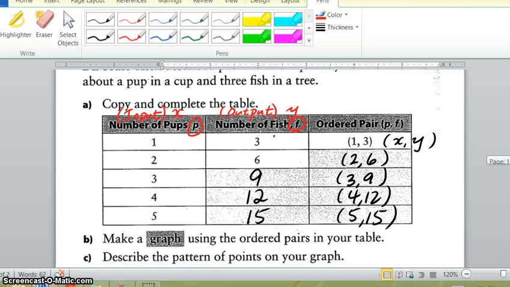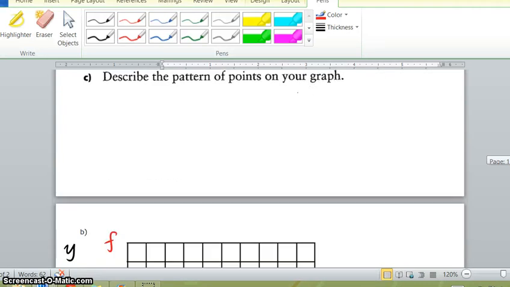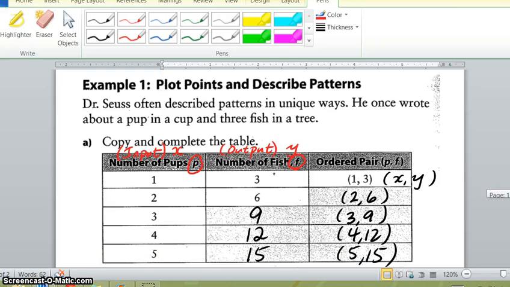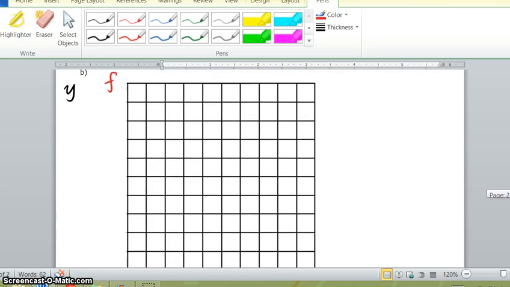Okay, now what's our scale going to be? We know that number of pups ranges from 1 to 5. Remember, that's our x-axis or horizontal axis. So we need to label our origin 0, and I'm just going to go up 1, 2, 3, 4, 5. Our y values or our f values range from 3 to 15.